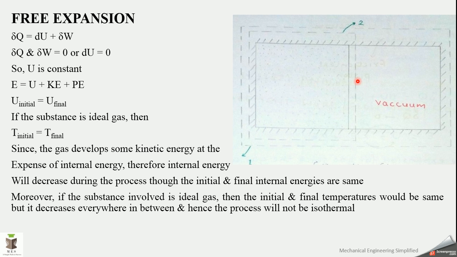That means their internal energy decreases, but after some time, when the bulk movement ceases, their kinetic energy gets added back to the substance as internal energy. So the initial and final internal energies are the same.